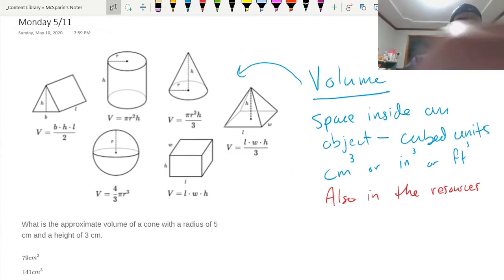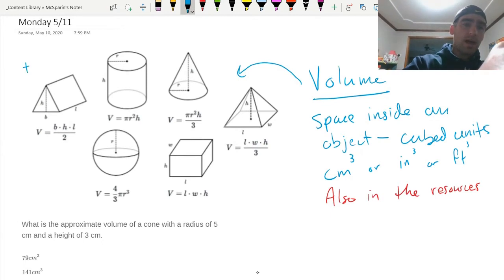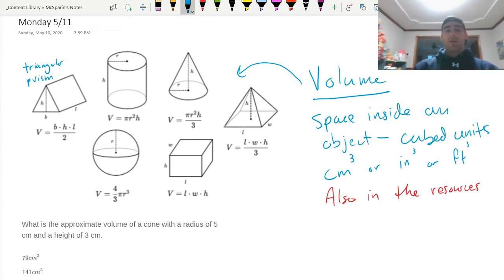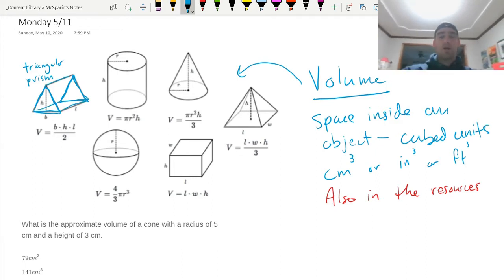Let's put the names of these on here. Okay, so that is a triangular prism. The cool thing about a prism is it's going to have two shapes, right? So there's a triangle there. There's an identical triangle on the back side, and then it's just connected, almost like a tunnel between the two. So that's a triangular prism.